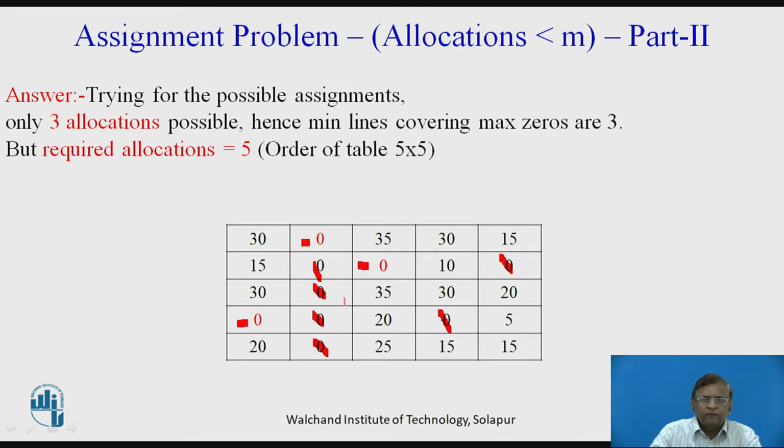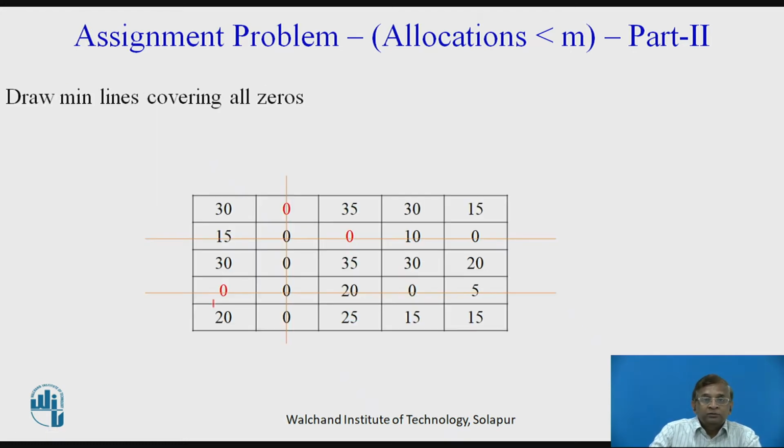So this is how we get 3 allocations here, but we need 5 allocations. That's the main thing. Again we draw the lines, and again the concept has been elaborated in previous videos. I will say it briefly here. We draw the minimum number of lines wherein all the zeros are covered, but a line while we are drawing should cover the maximum zeros.